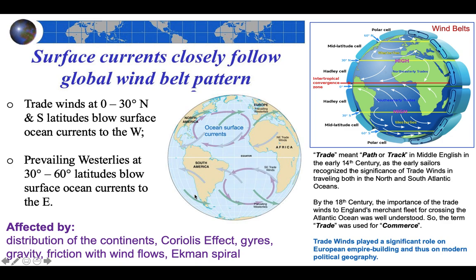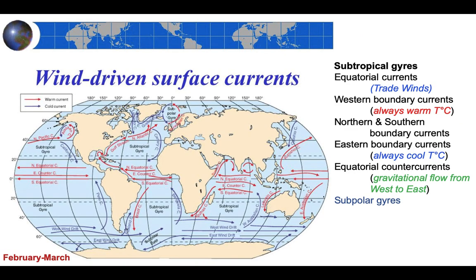The Coriolis effect that we talked about last time also affects the ocean currents, and we'll have several examples of that very shortly. And gravitational force, of course, plays a major role, and friction with wind flows, and a new term called Ekman transport and Ekman spiral also plays a significant role.